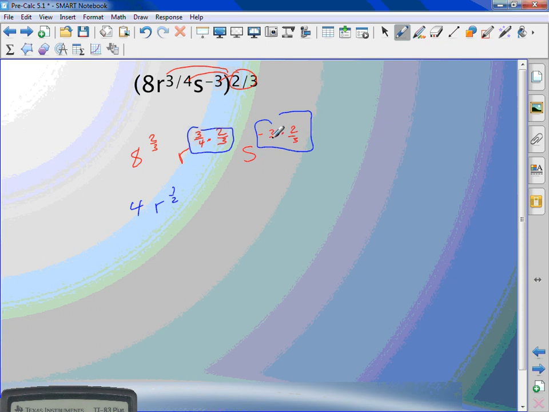It's negative 6 over 3, which is s to the negative second. A negative exponent just means 4r to the 1/2 over s squared. That is your final answer.